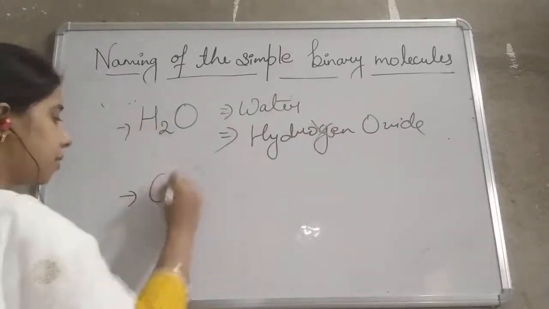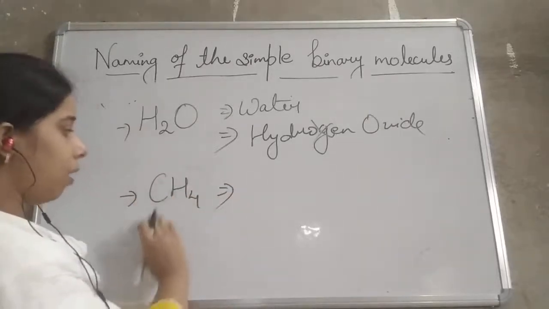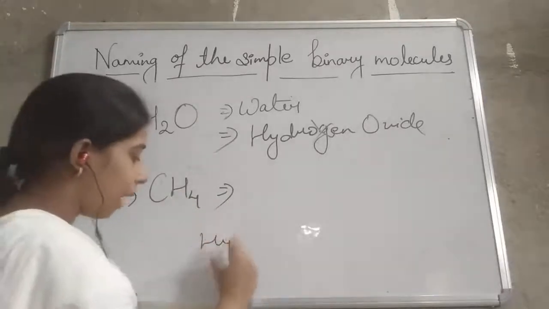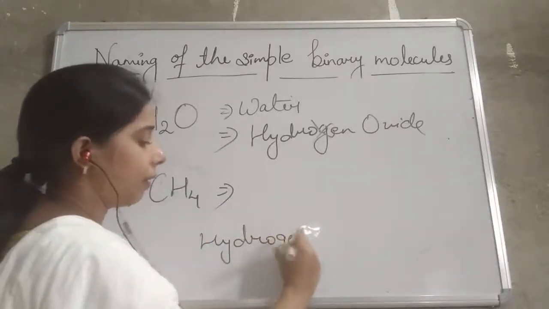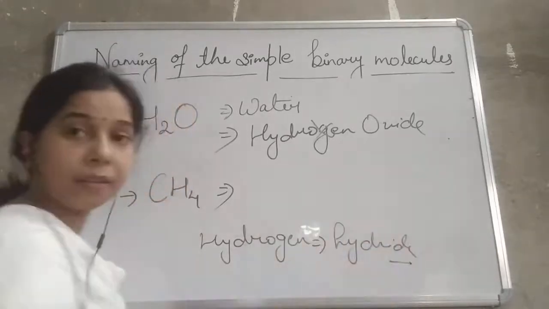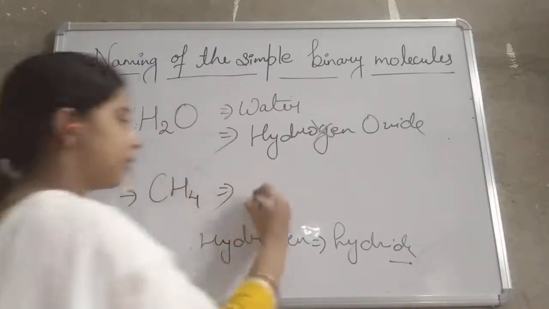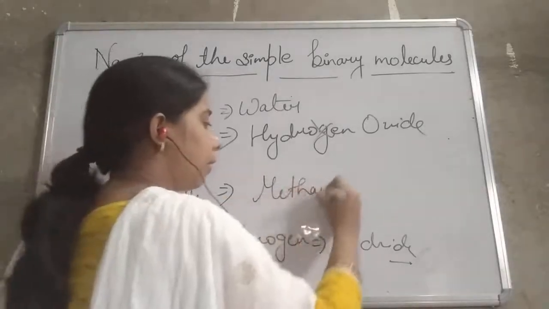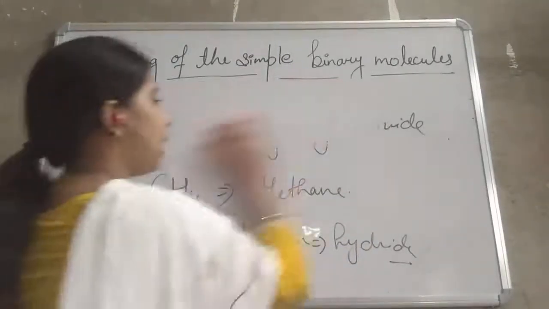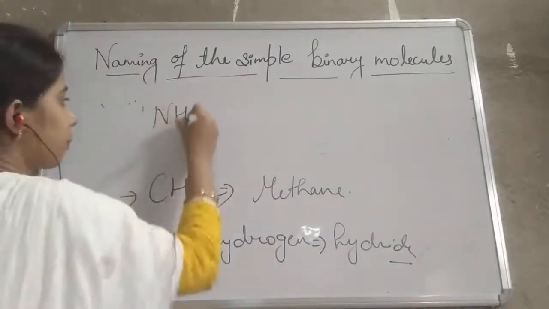Like CH4. We will never write it as carbon tetrahydride. No, hydrogen can be written as a hydride if it is at the second place, but we will never write it like carbon tetrahydride. It is known as methane. Or if we take another one, NH3.